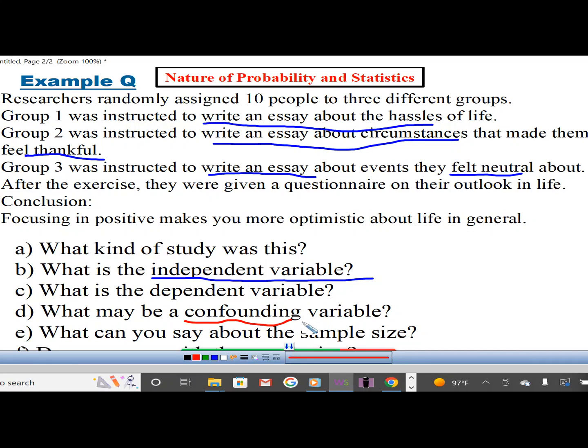Let's see. How about Andres? What might affect the study that was not accounted for in there? What do you think? Something that might affect it, but that wasn't really said in there, but could be part of people and the way they respond.